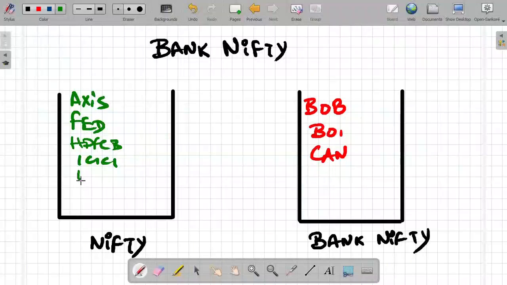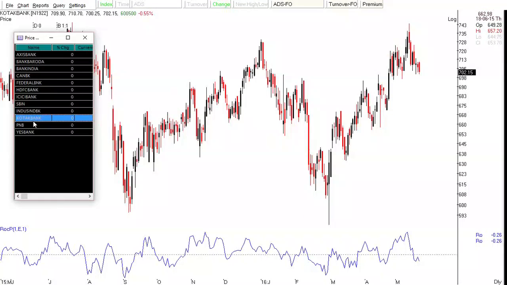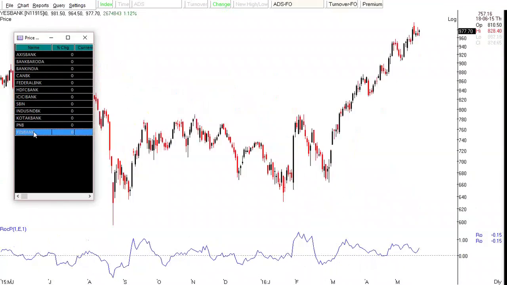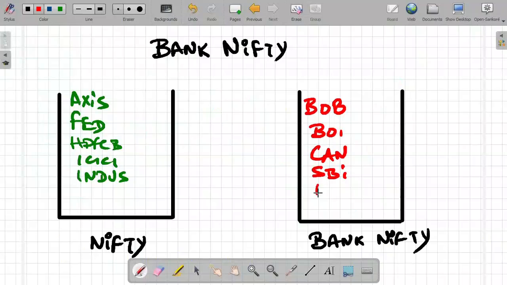IndusInd, positive. Kotak, negative. PNB, negative. Yes Bank, positive. All right, beautifully done, and a very nice balance of 6 stocks.